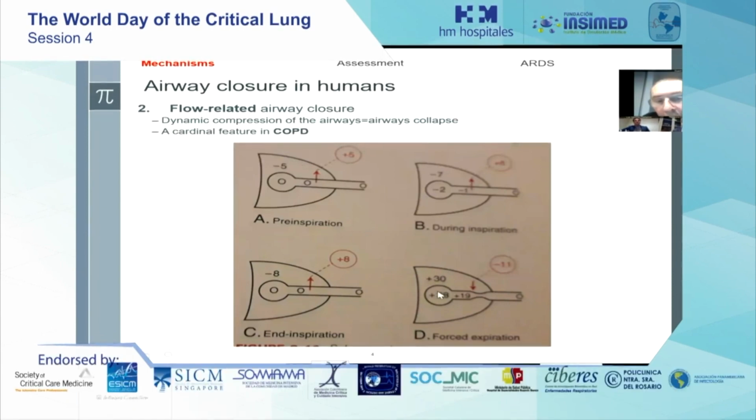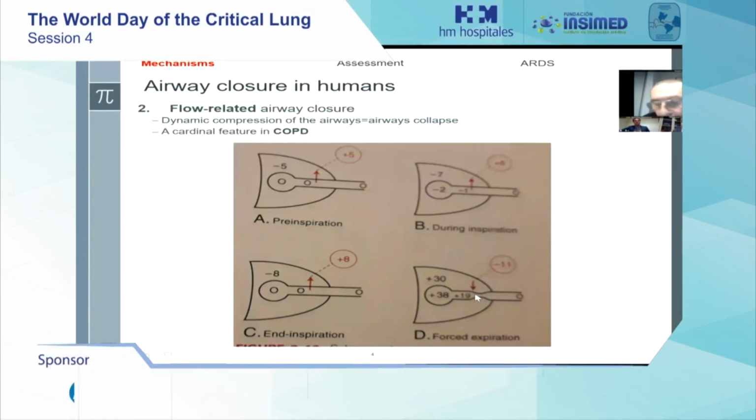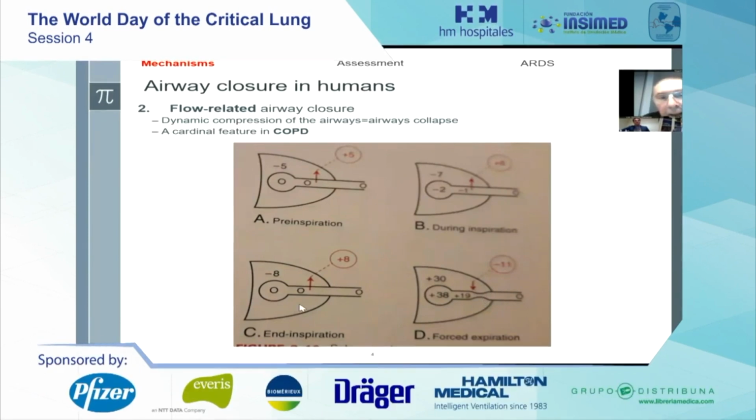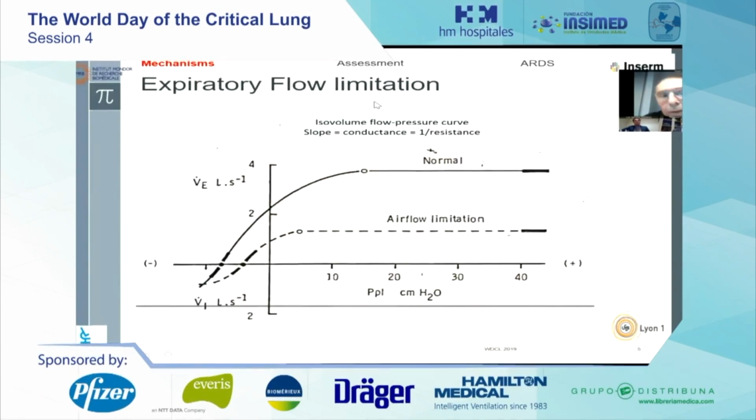And you see that with the progressive reduction in the intramural airway pressure, there is some point at which the transpulmonary pressure becomes negative, and there is a closure. And this phenomenon is also named expiratory flow limitation.